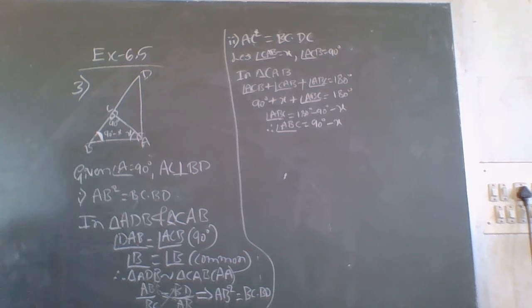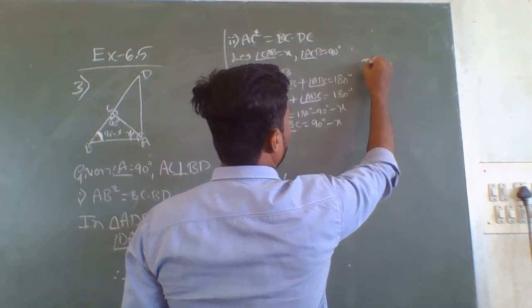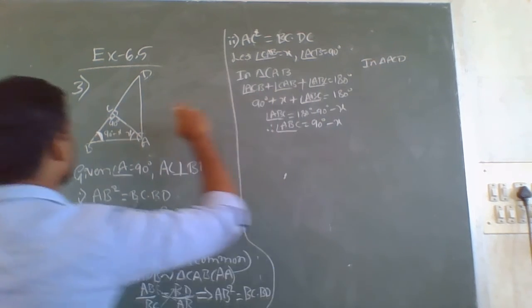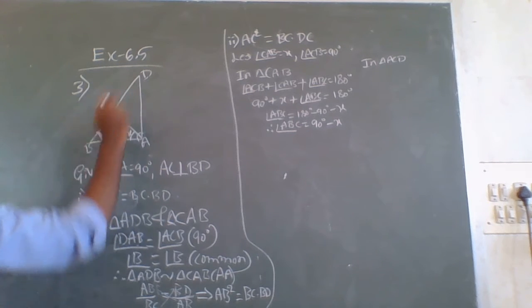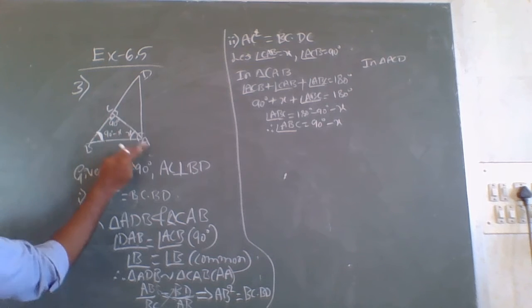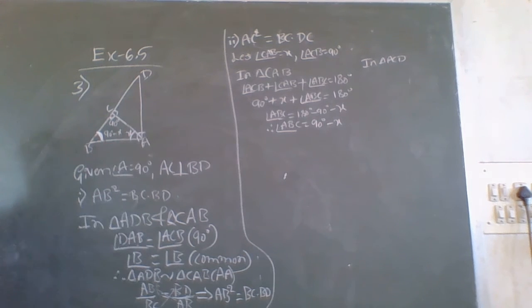Similarly, we will now consider triangle ACD. So here we know that angle CAB is x, and angle A is 90 degrees.